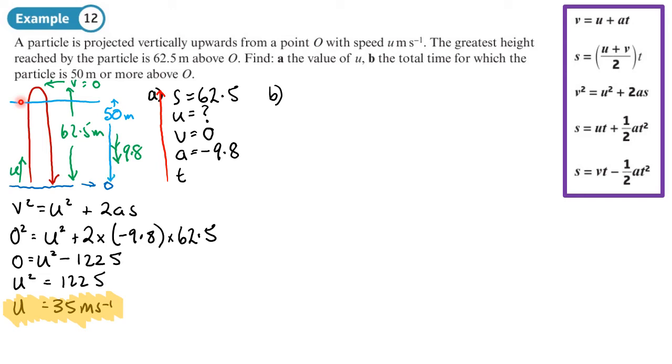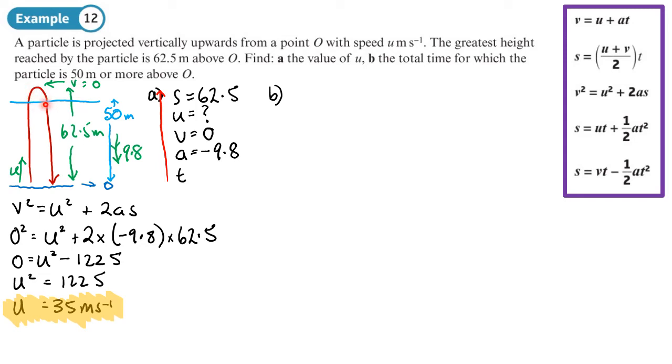What we want to do is to find the times when the particle is at 50 meters. So when S is 50 meters, the time here and the time here, and then we find the difference between the two. So let's say, for example, at 3 seconds, it gets to this point, it goes up and comes down, and then at 5 seconds, it's at this point, so 3 and 5. So that means for 2 seconds, it's above that point.